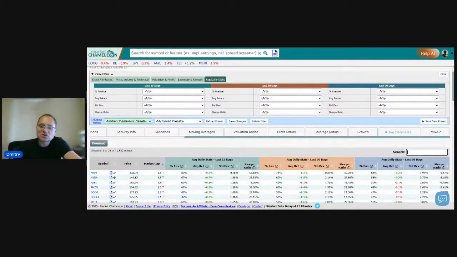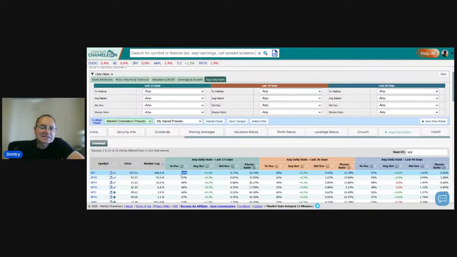So let's say here, I'm going to put in SPY. We see that it was up 60% of the last 15 days, so 60% of the last 15 days were up days. Let's say we want to do better, something like above 60.